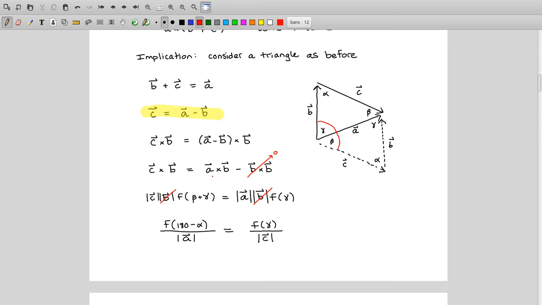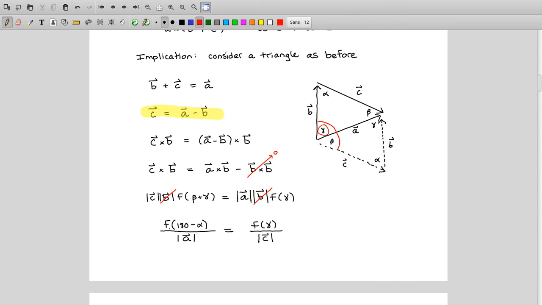Then on the right-hand side, a cross b is magnitude a, magnitude b, f of the angle between them, which is gamma right here. All right. Beta plus gamma is 180 minus alpha by the triangle rule. This is a triangle, so the angles sum to 180 degrees.